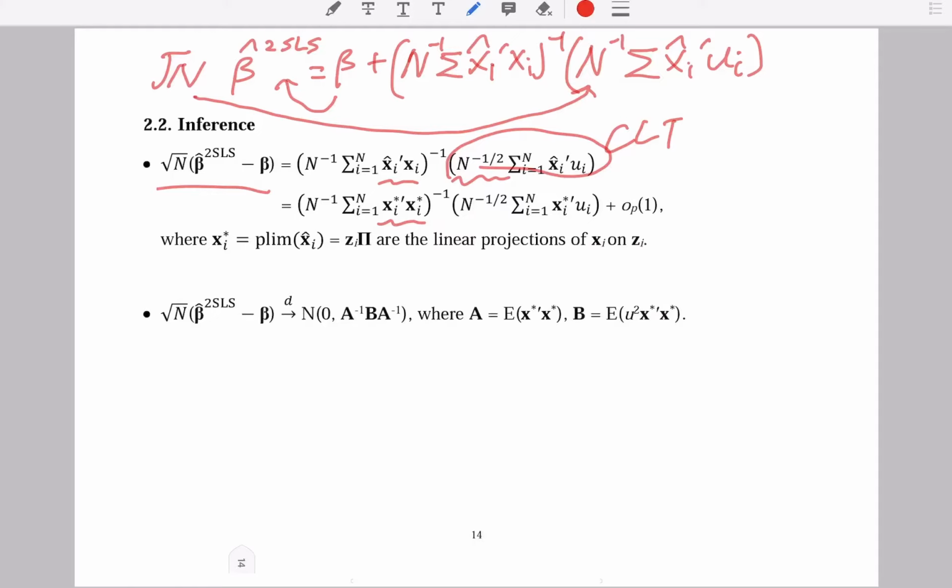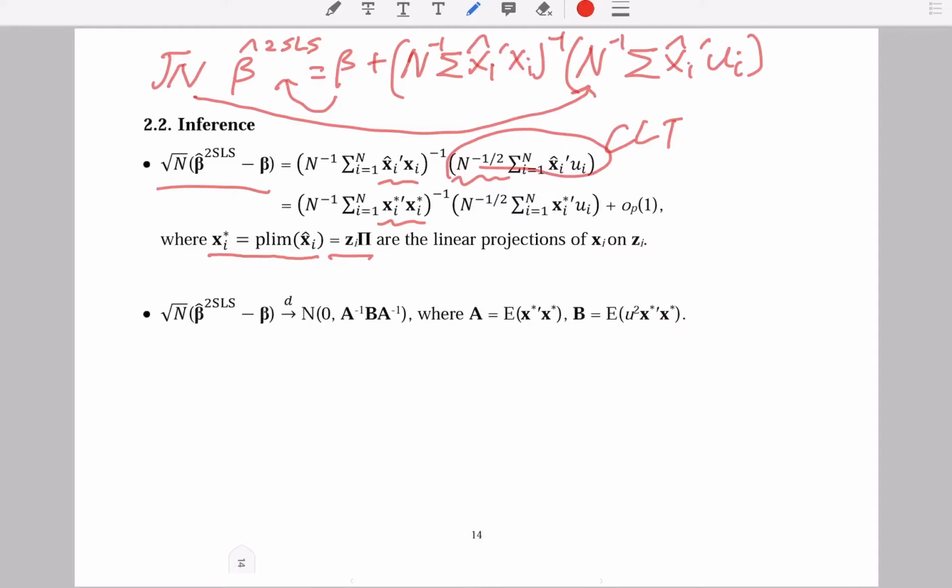We know xi star is the probability limit of x hat, the fitted value, which is the linear projection.